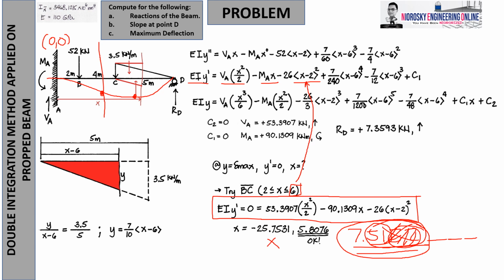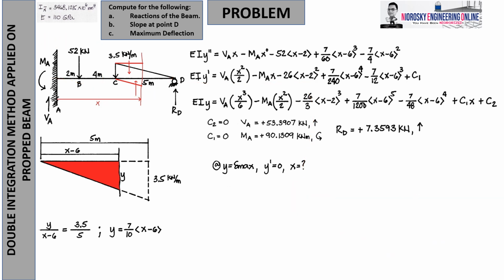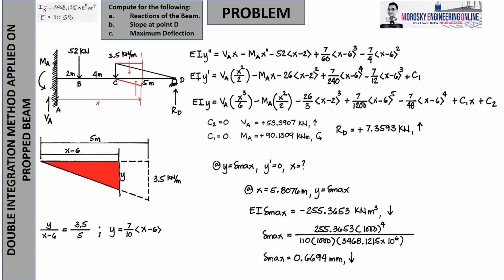At x is 5.8076, we can now get the deflection maximum. So by this, replacing x with 5.8076 using EIY, we have shear A times x cubed over 6, minus MA times x squared over 2, minus 26 over 3 times x minus 2 cubed. Again, the remaining terms you don't have to consider because x is less than 6.